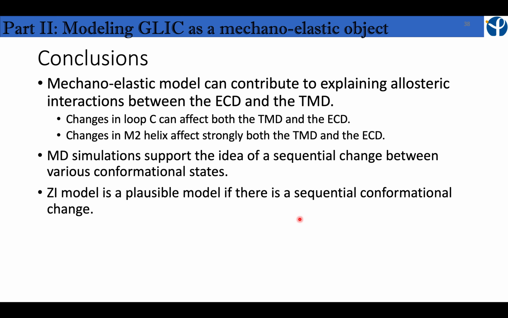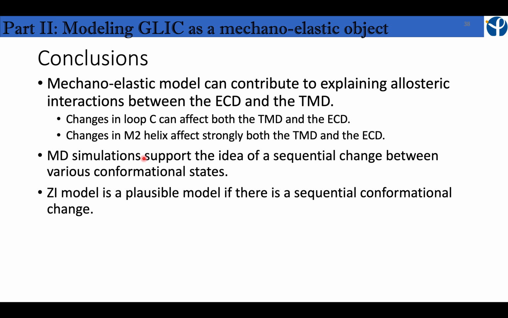Okay, I would like to finish my second part with the conclusions. So according to this mechano-elastic model, we can explain how local changes propagate to the entire structure. For example, we saw that loop C can affect both TMD and ECD, and similarly we saw that changes in M2 helix can affect both TMD and ECD also.